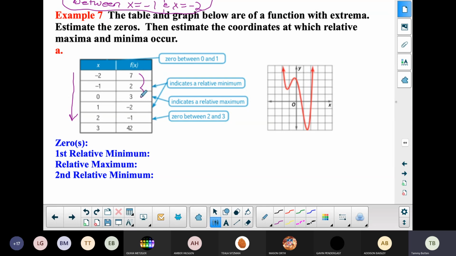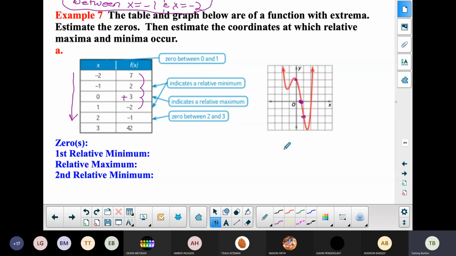But then if you look from 0, that's +3, and 1 is -2. When you have 2 consecutive points where 1 is positive and 1 is negative, what that means when you graph those, like 0, 3 is here, 1, -2 is down here, is you're going to cross that x-axis, and an x-intercept, when your graph crosses your x-axis, that is a 0.